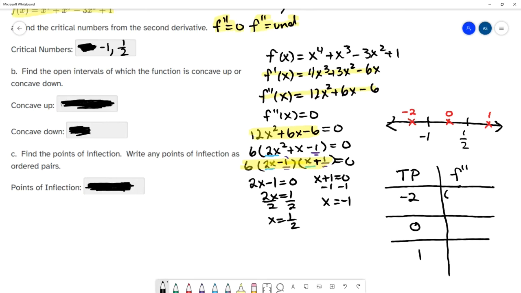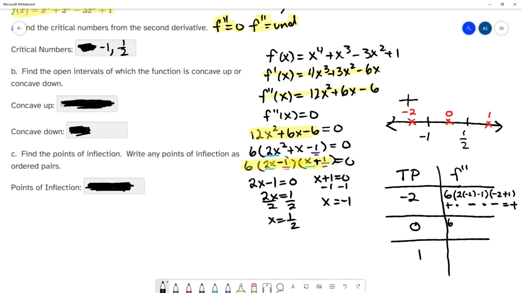Okay, so if I do 6 times 2 times -2 minus 1 times -2 plus 1, I've got a positive times a negative times a negative, and this comes out to be positive. So in this first interval, my second derivative came out to be positive.